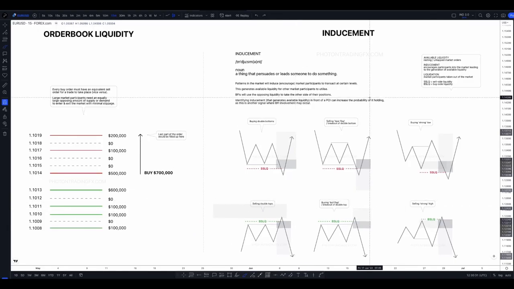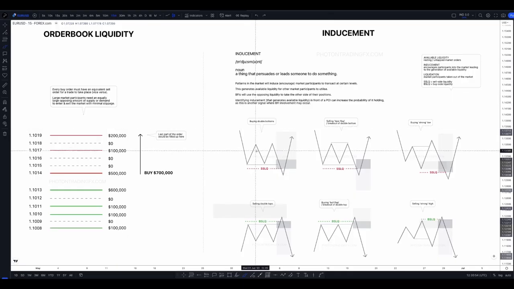Okay, so when we say inducement, the Oxford English Dictionary definition, God, that was a mouthful, ironic, of inducement is a thing that persuades or leads someone to do something.